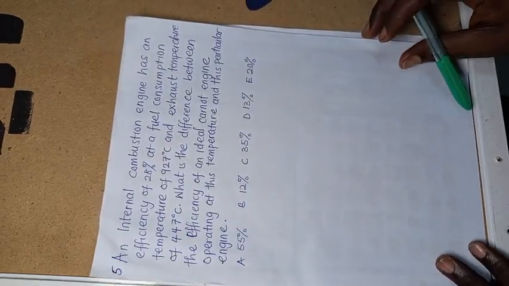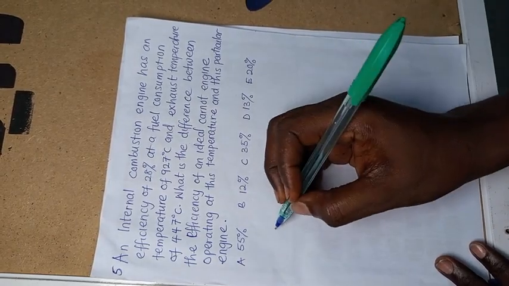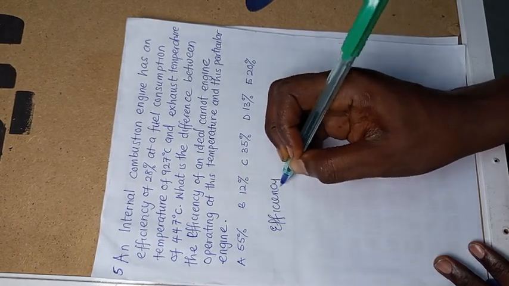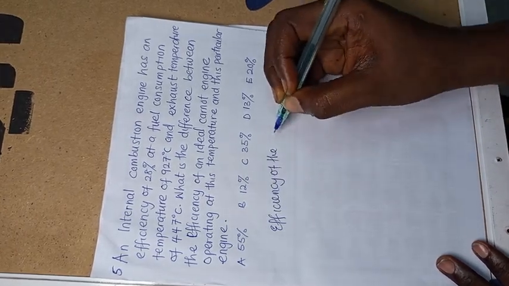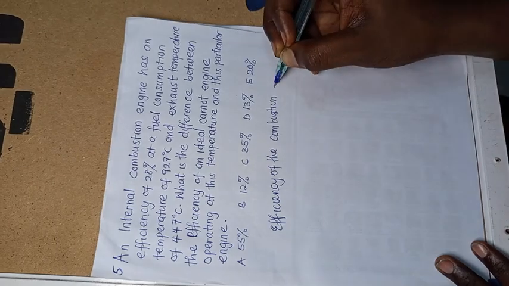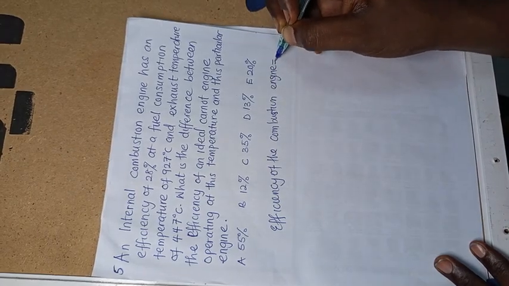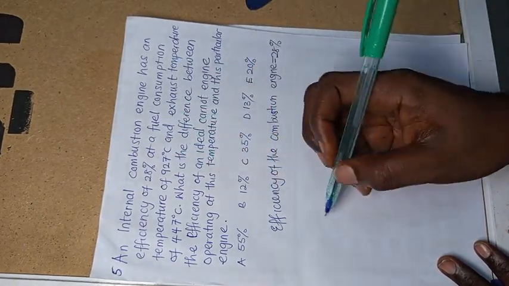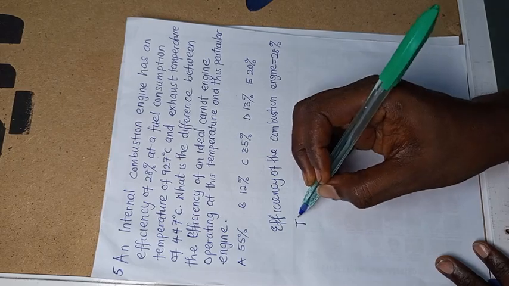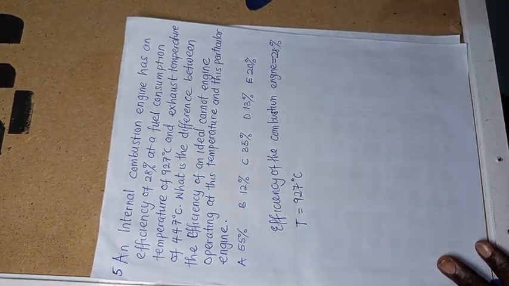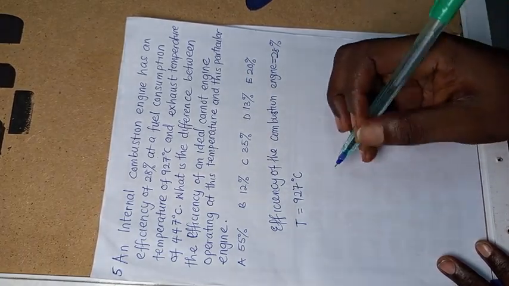An internal combustion engine has an efficiency of 28% at a fuel consumption temperature of 927 degrees Celsius, and exhaust temperature of 447 degrees Celsius.